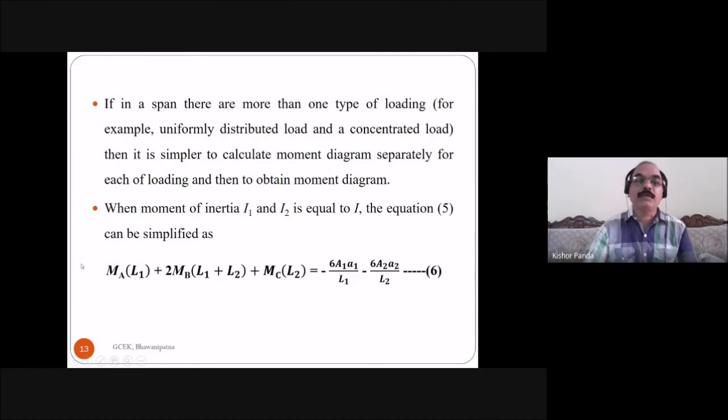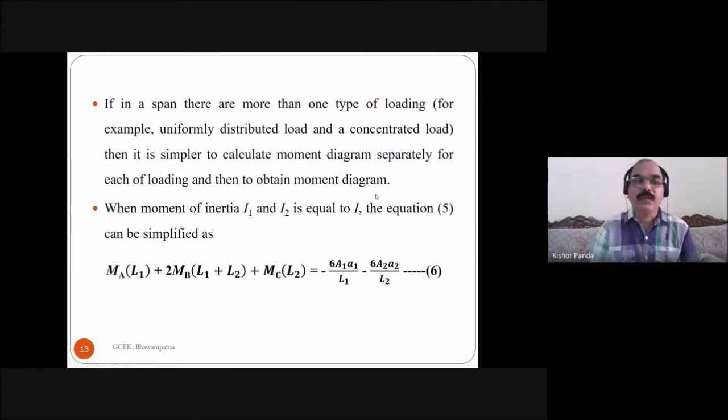So you can apply this three-moment equation to any two consecutive spans. Here you see, if in a span there is more than one type of loading, for example, uniformly distributed load and concentrated load, then it is simpler to calculate the moment diagram separately for each loading and then to obtain the moment diagram.